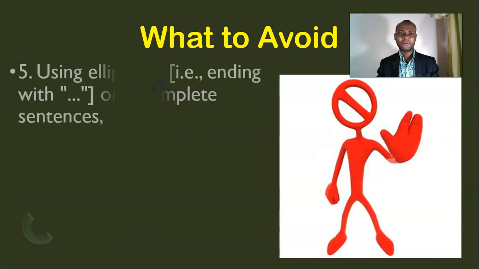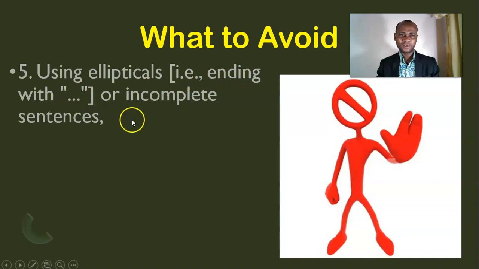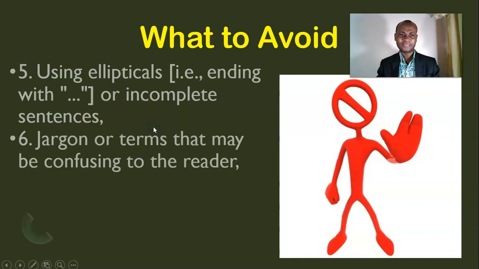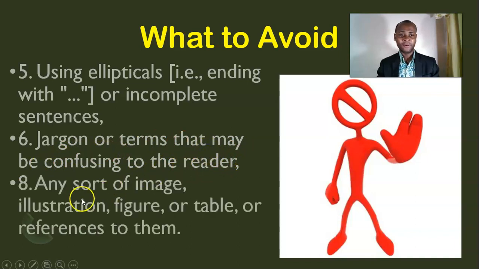Don't make any reference. Avoid the use of ellipses, like ending with dot dot and so on and so forth, and avoid incomplete sentences. Jargon or terms that may be confusing to the reader need to be avoided.